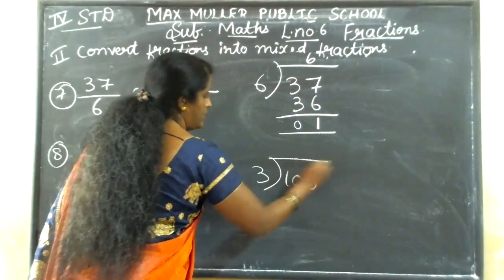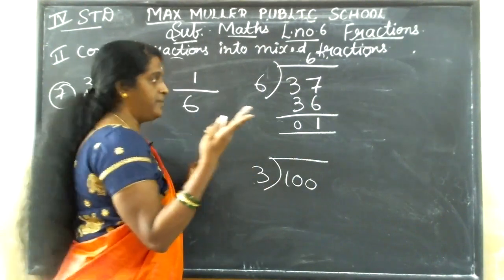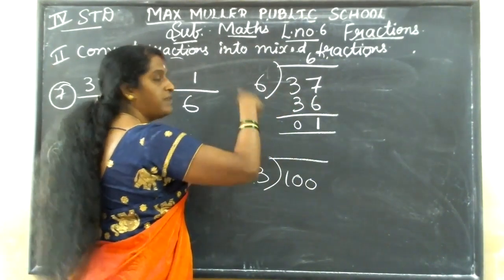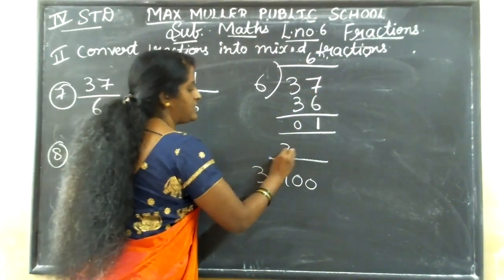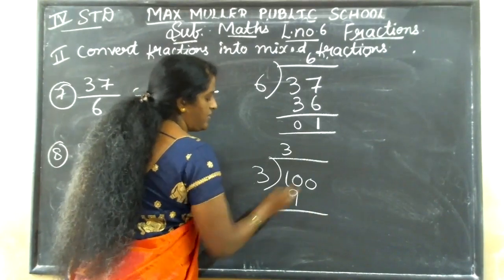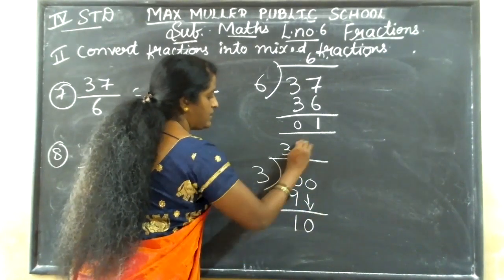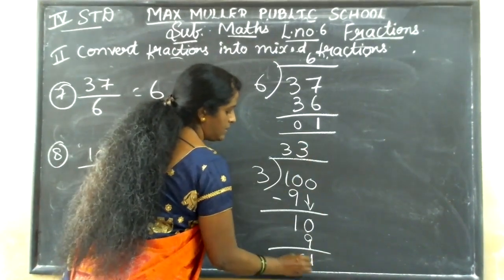300. 3 ones are 3. I can't take one number, I'll take two numbers. See, here also I took two. This is greater, this is lesser, so I took two numbers. 3 ones are 3, 3 twos are 6, 3 threes are 9. In 10, 9 goes, means 1. Bring down 0. 3 threes are 9. 1, 0.